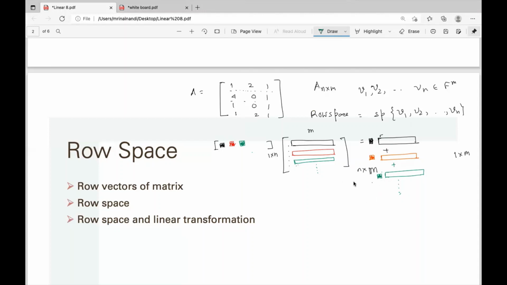That means the row space is nothing but the collection of all such things.